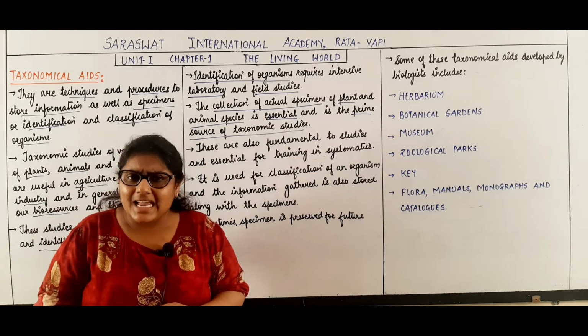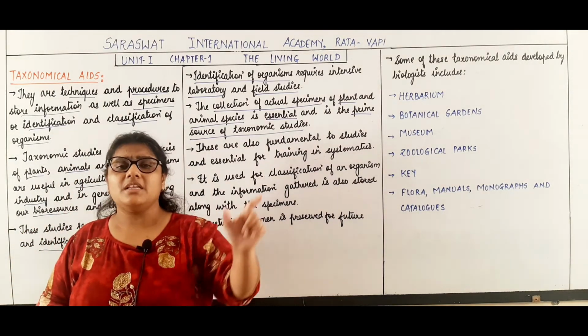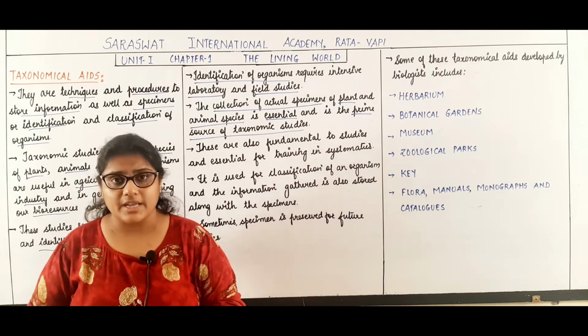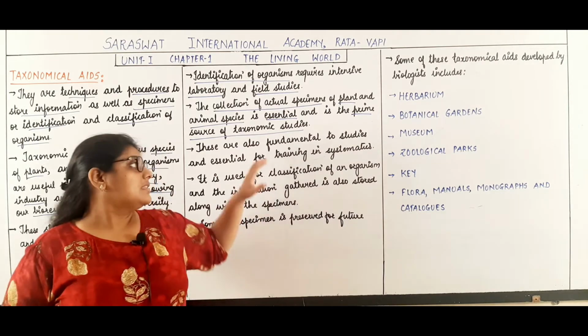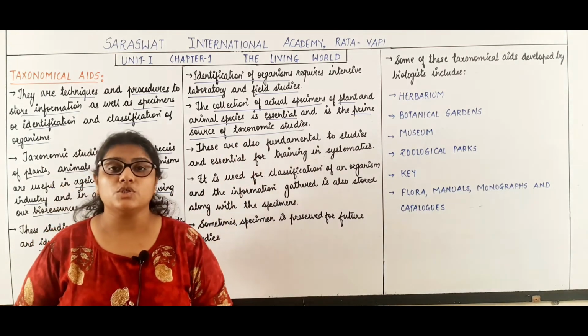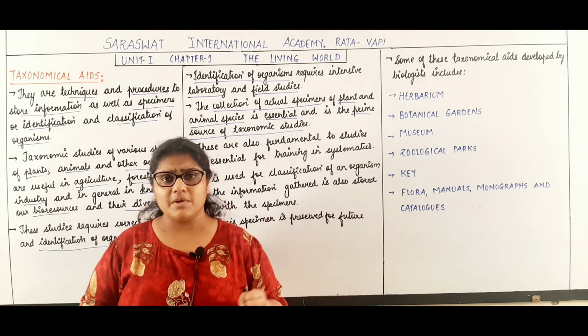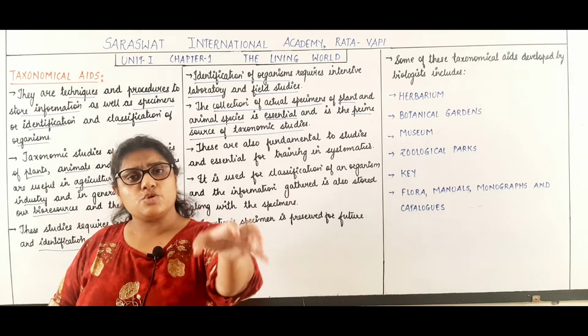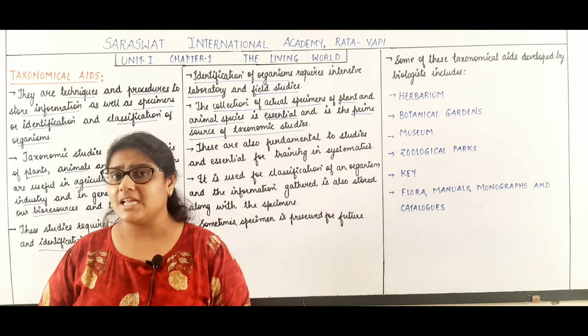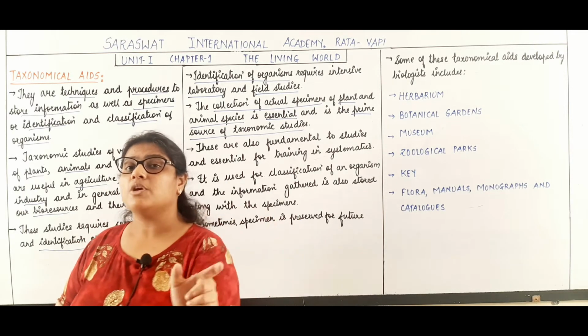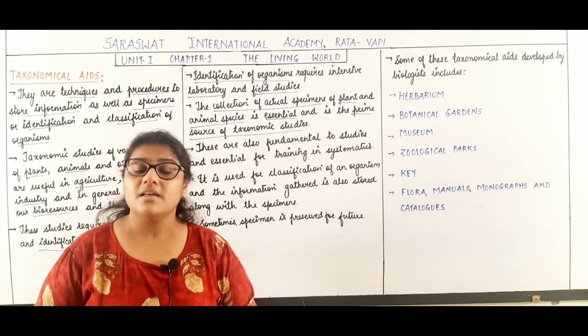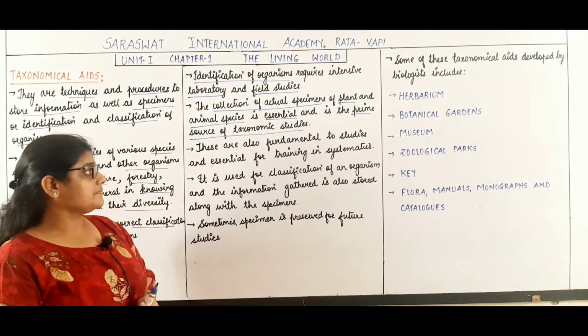To study any organism, we need the actual form of that organism, and that is the main source of taxonomic study. Suppose you want to study any plant or animal, then getting the actual specimen of that plant or animal is the most important thing required in the taxonomic studies.